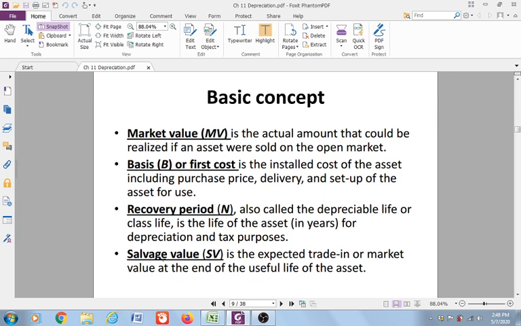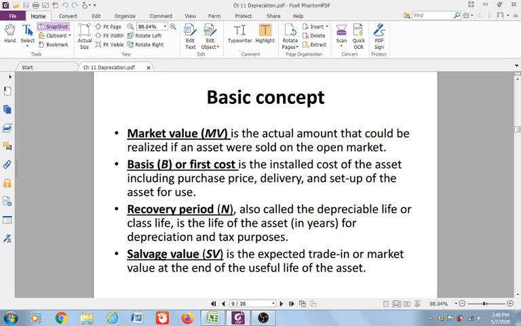Then the recovery period: it is the depreciable life, or the class life of the asset, the number of years that we apply for an asset for the purpose of depreciation and tax.